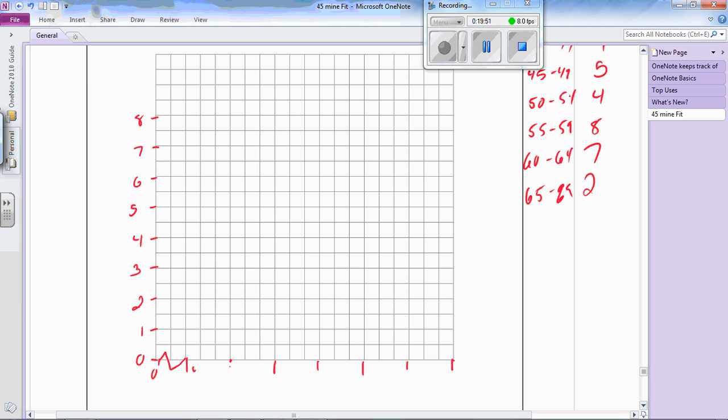By the way, you can't use red, but I use red. 40 through 44, 45 through 49, 50 through 54, 55 through 59, 60 through 64, and 65 through.